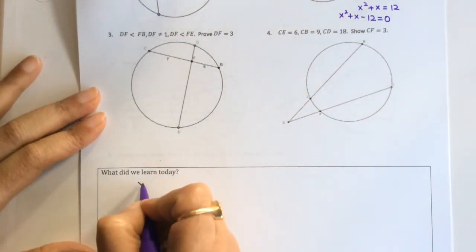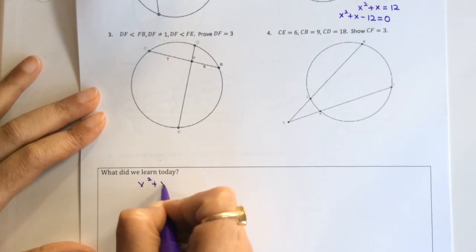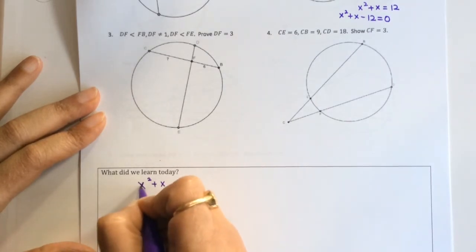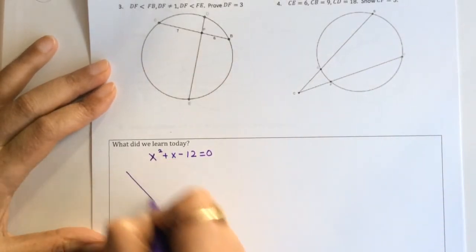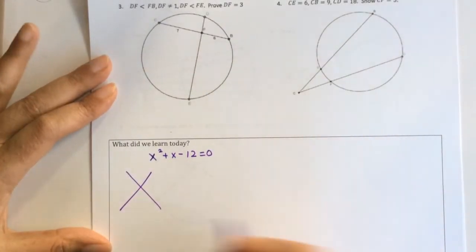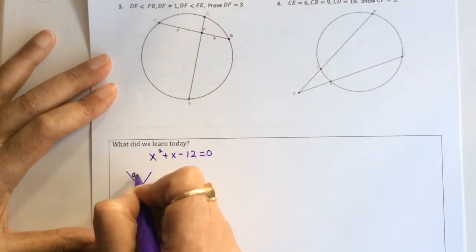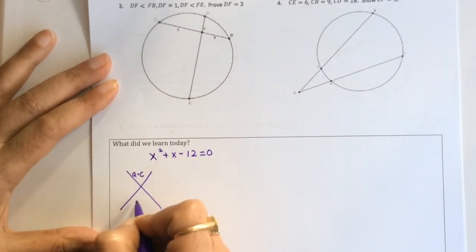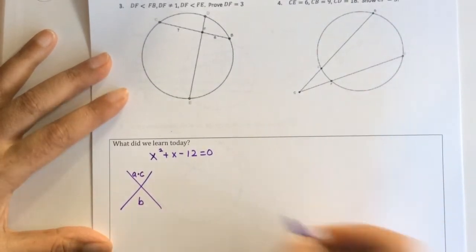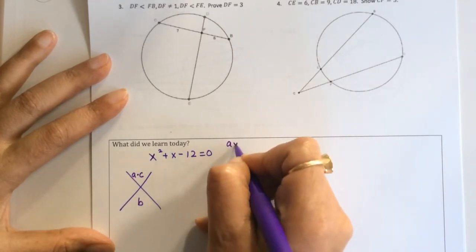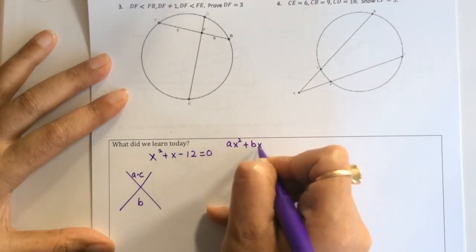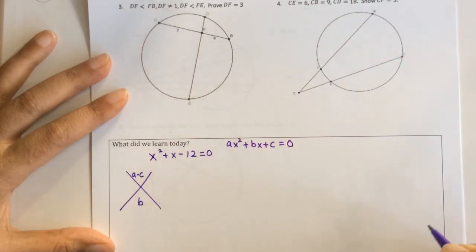If I have my equation x squared plus x minus 12 equals 0, remember how I was solving it? I was putting a times c here and b here. And you remember in standard form, my quadratic equation looks like ax squared plus bx plus c equals 0.